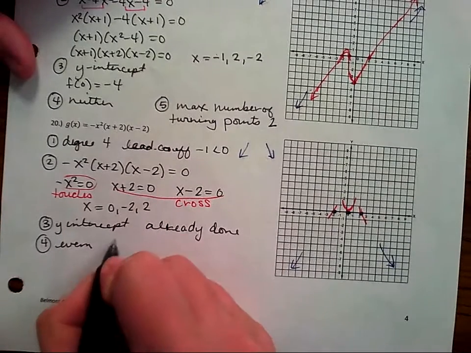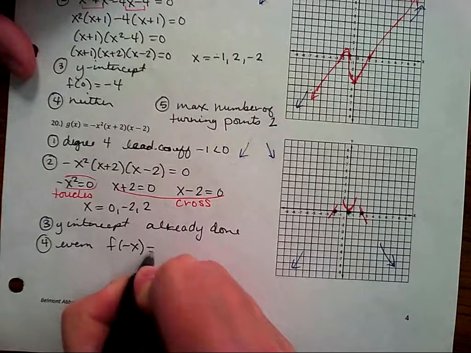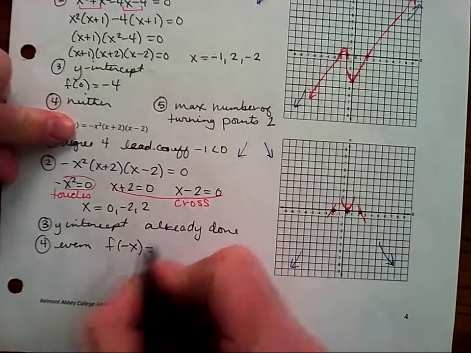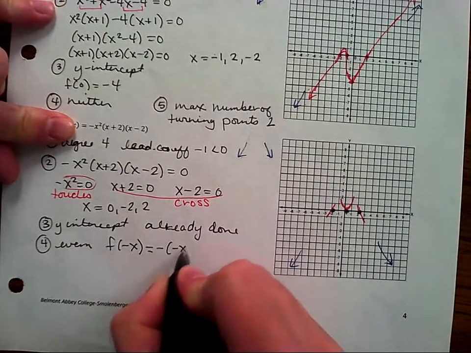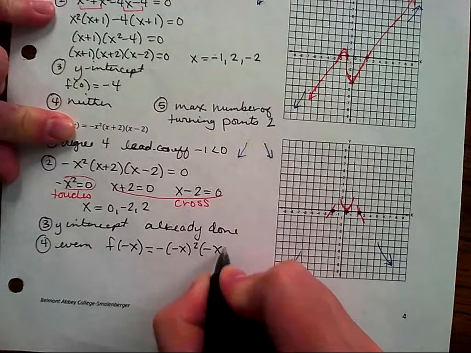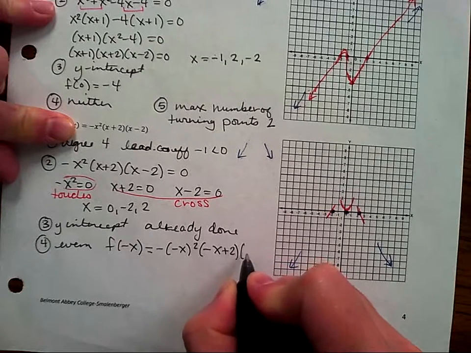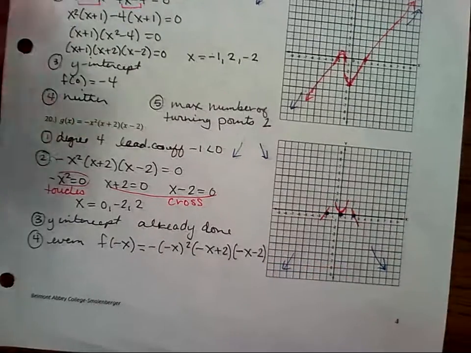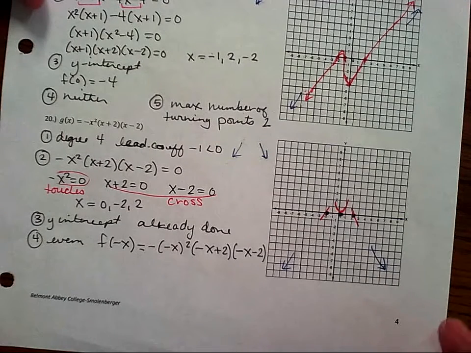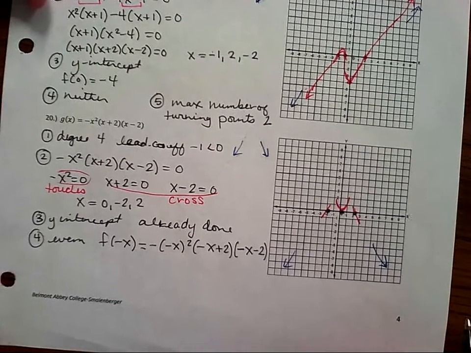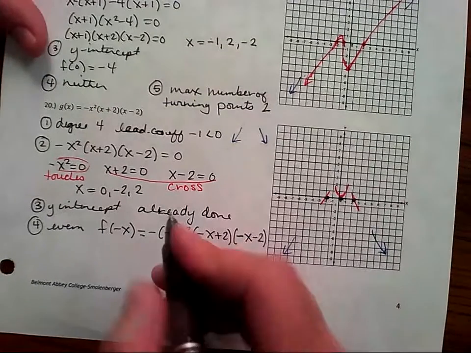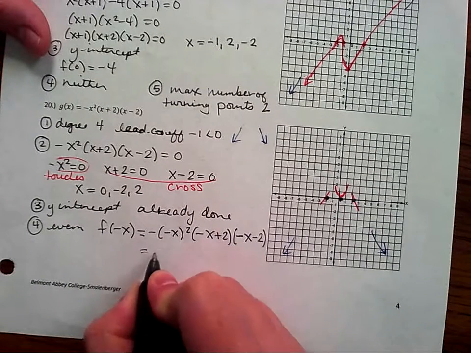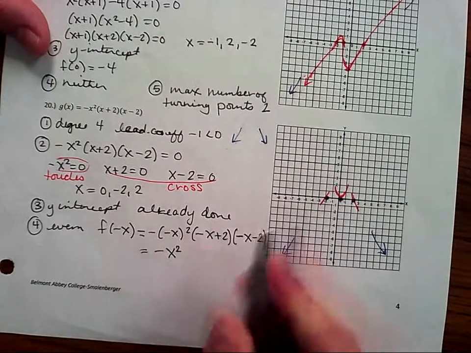So even is f of negative x equals f of x. So let's plug negative x in. This one's a little tricky. So negative x squared stays the same.